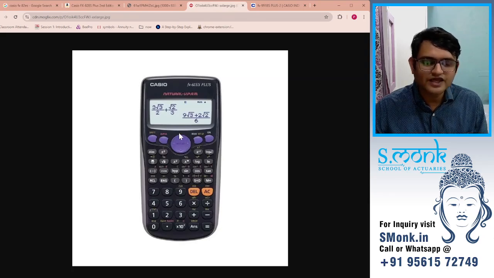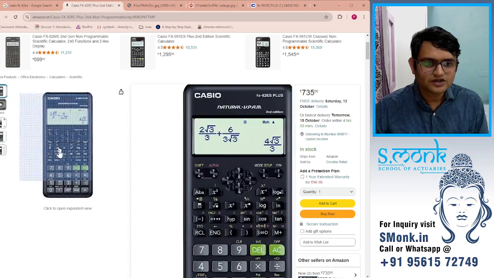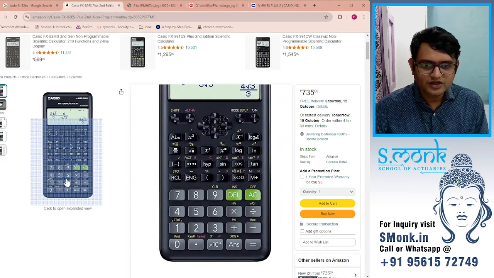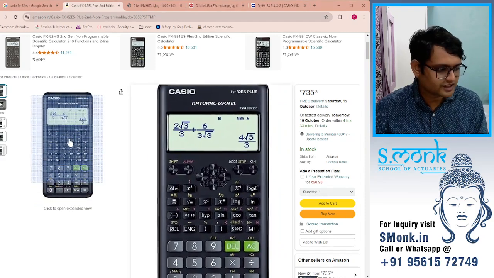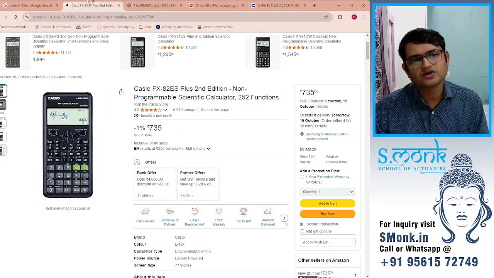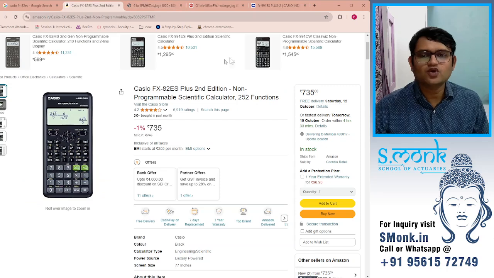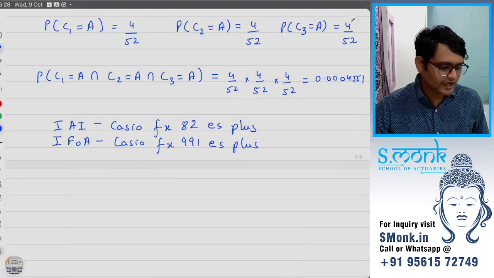They are called navigation keys. Here in the center, these are the navigation keys. Anyways, as we go along, I'll teach you how to use the calculator.